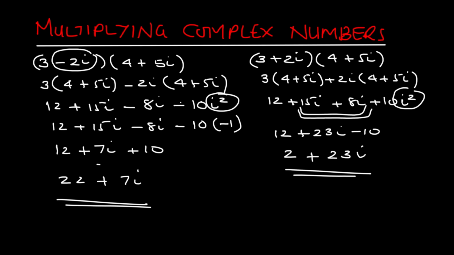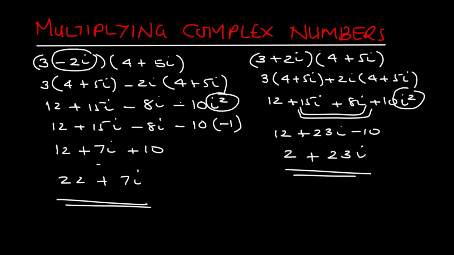So that's it. For division normally we don't really divide complex numbers and try to get an answer or a quotient. But what we normally do with division is just to remove the complex number from the divisor, the denominator.